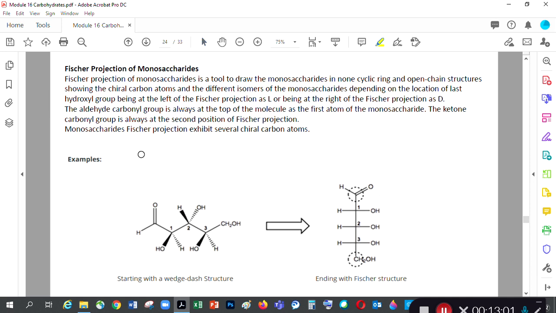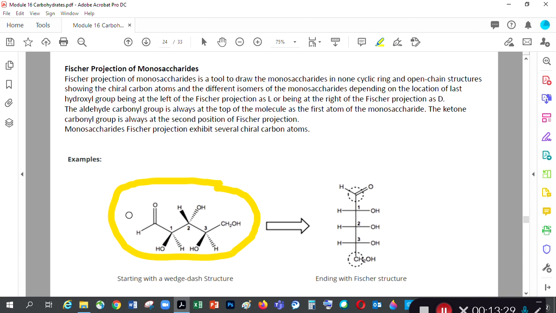Now look at how to make the Fischer structure of a carbohydrate. It turns out you start with the wedge-dash structure, correct? So you start with this here, flip it, rotate it, correct? When you rotate the whole thing, this one will go this way.